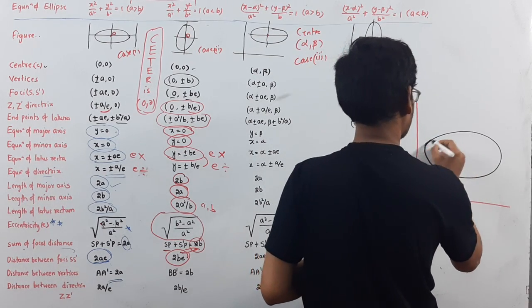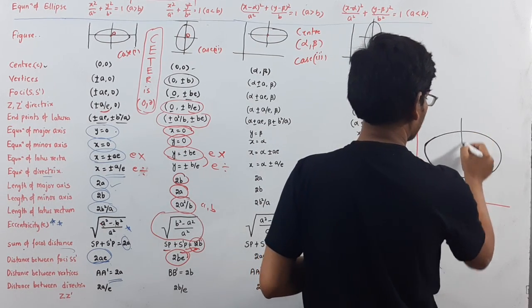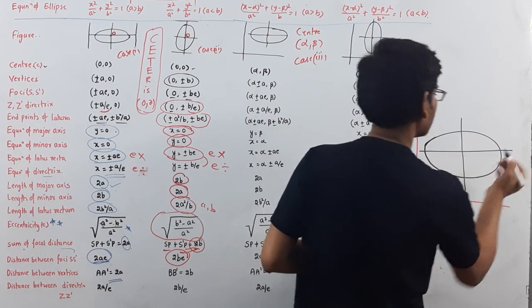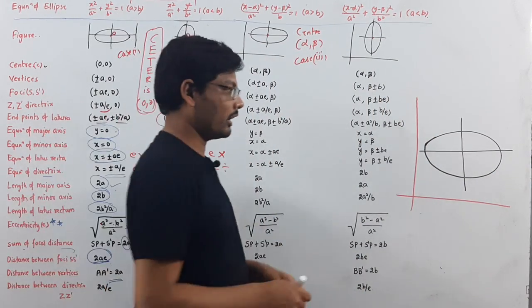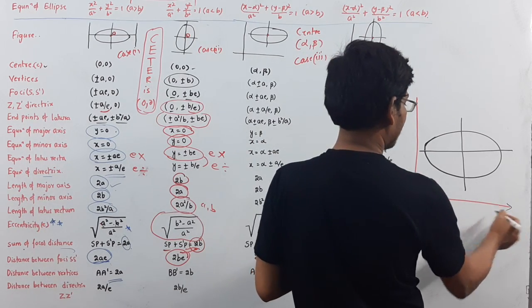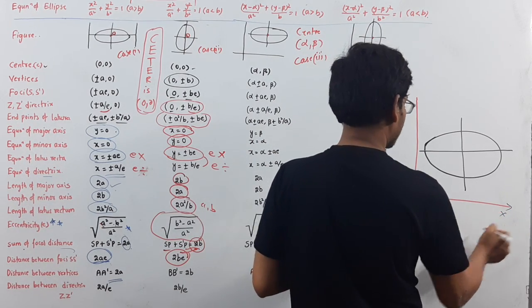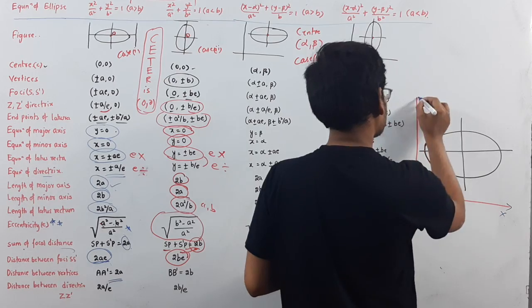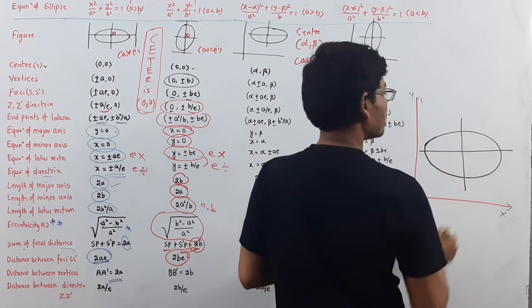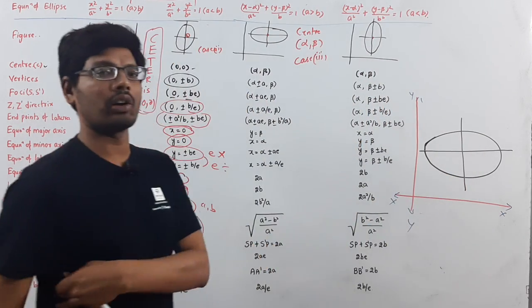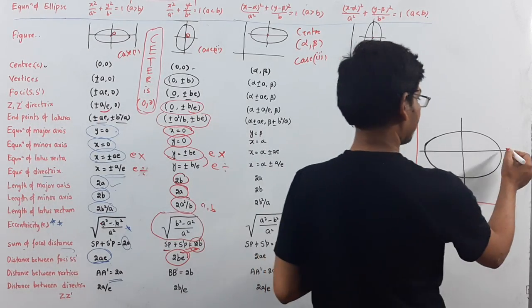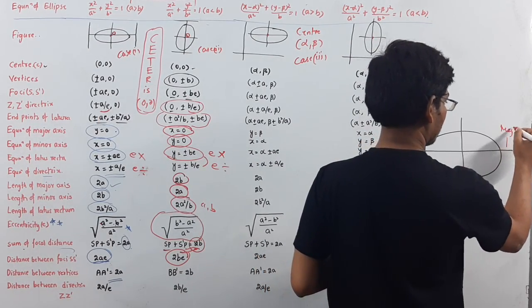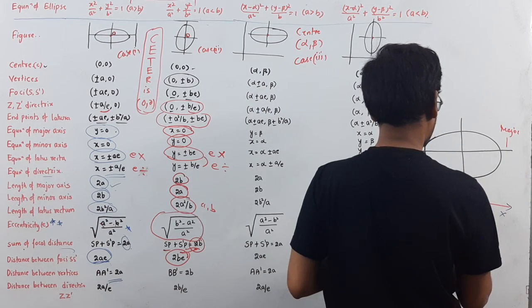This is an x-axis and y-axis. If you observe here, these red lines are axes x and x dash, and this is y dash. These black lines are called major and minor axis. This is major axis and this is minor axis.